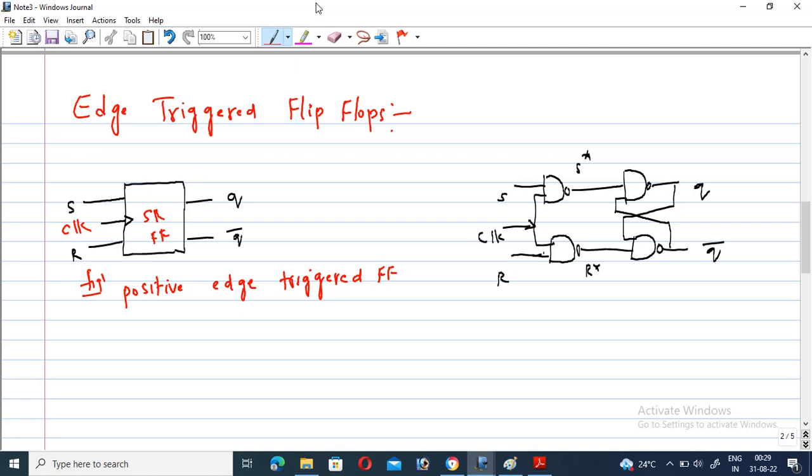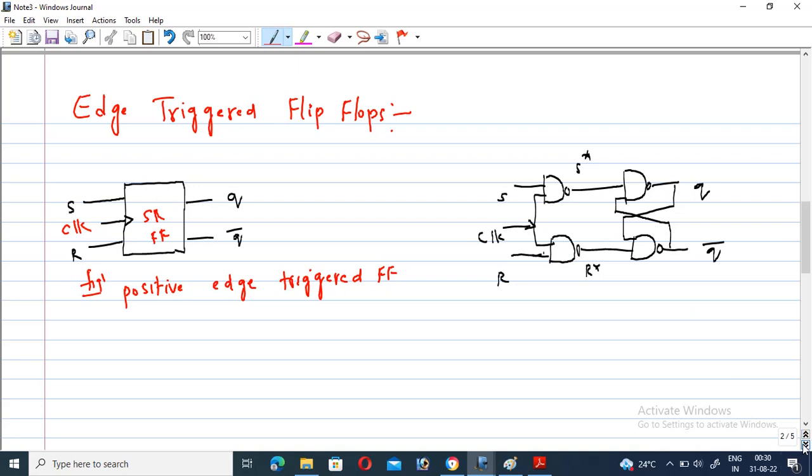If the flip-flop is activated only for the negative edge of the clock, that is a negative edge triggered flip-flop. It purely depends on the clock, whether it is positive or negative. A positive trigger clock can be represented as a triangle, and a negative trigger as a bubble with a triangle. So that is edge triggering of the SR flip-flop.